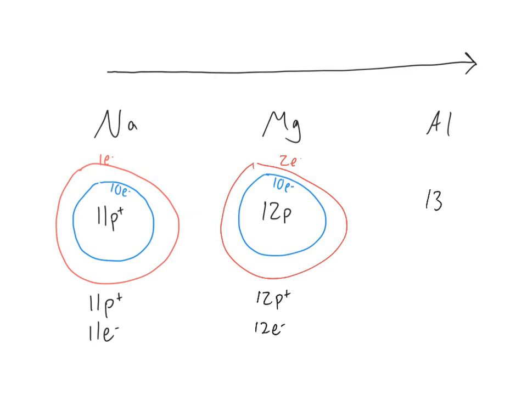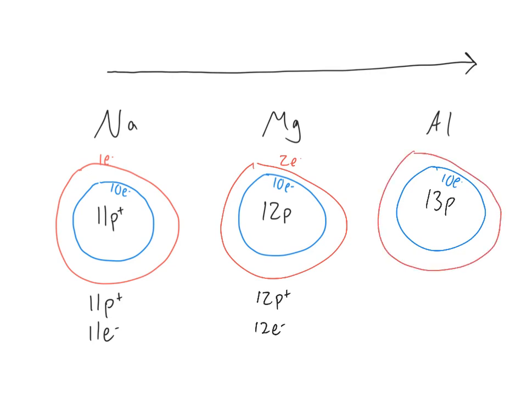And then for aluminum, we've got our 13 protons. We've got those same 10 electrons in the core. And we now have 3 electrons in our outer shell. And so 13 pluses pulling on 13 minuses.